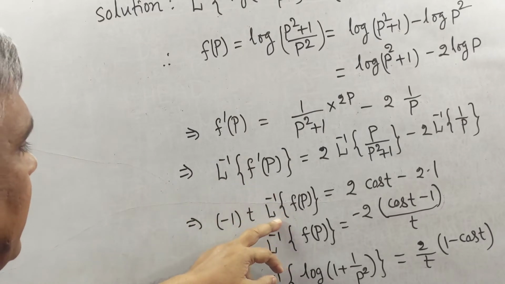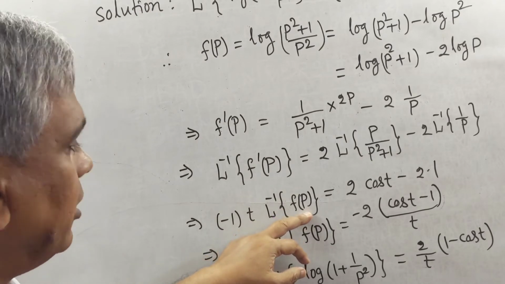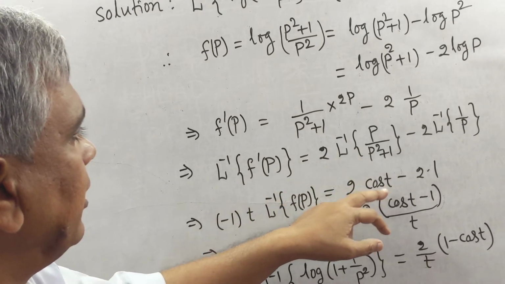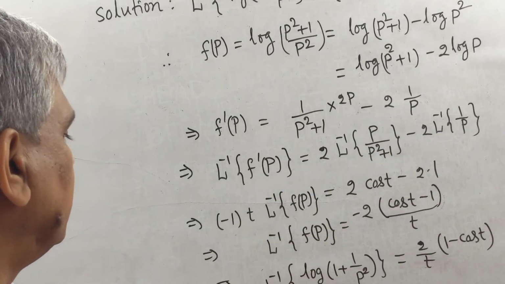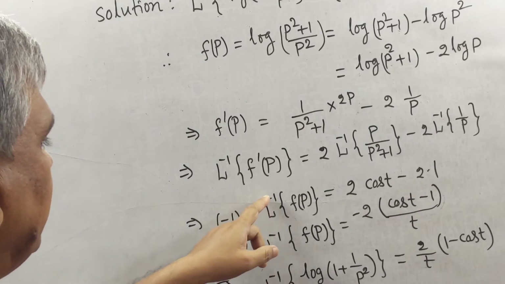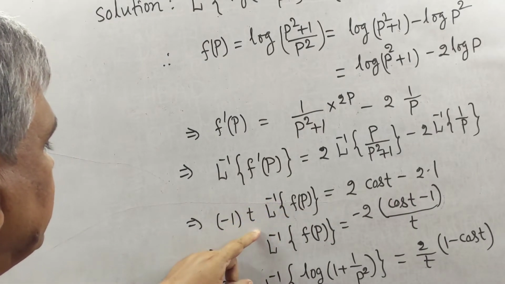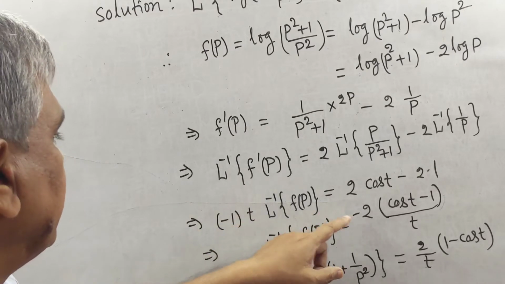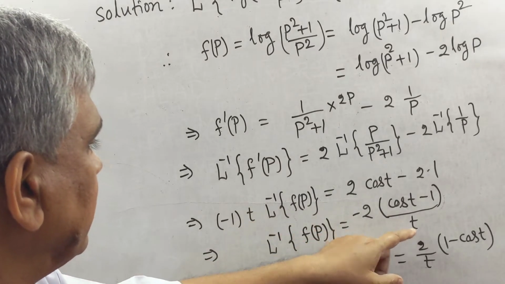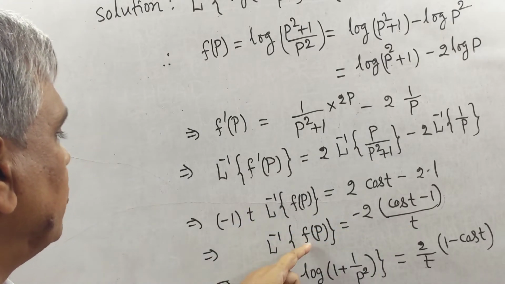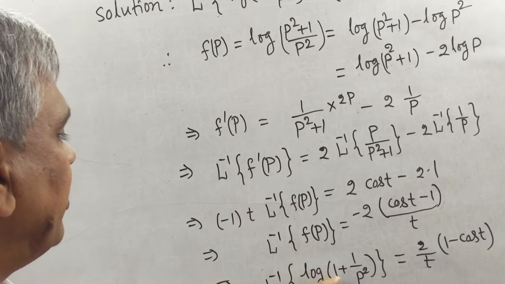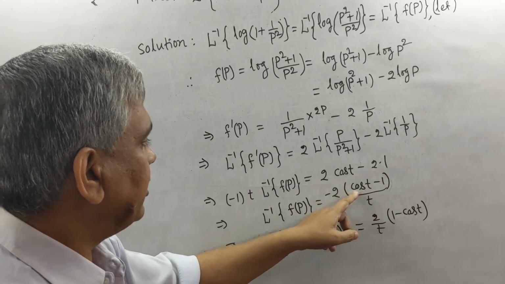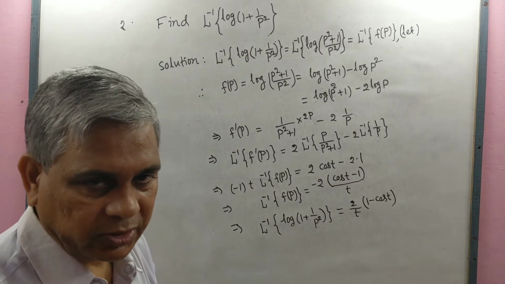Capital F(t) is L inverse small F(p) equal to 2, this is cos t and this is 1. So L inverse F(p) equals, sending these terms to the right side, minus 1 is here, t is here. So putting the value of F(p), L inverse log (1 + 1/p square) equals 2/t (1 minus cos t). This is the required solution.